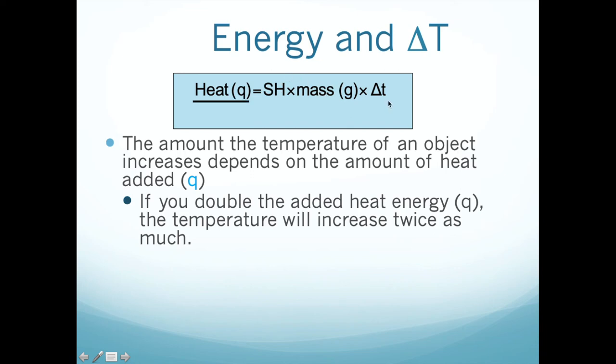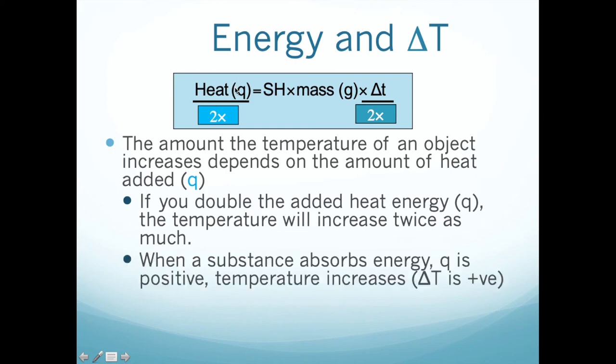So for example, if you have a material and you're using the same material, so it's the same mass and the same specific heat, if you double the amount of heat that you give it, the temperature will rise by double the amount. Okay, so again, that's because your change in temperature and your heat are directly proportional to each other. They're on opposite sides of this equation. So something to keep in mind if you ever have a problem that's qualitative. You don't have to treat this like a math problem. It can be more like a logic problem.